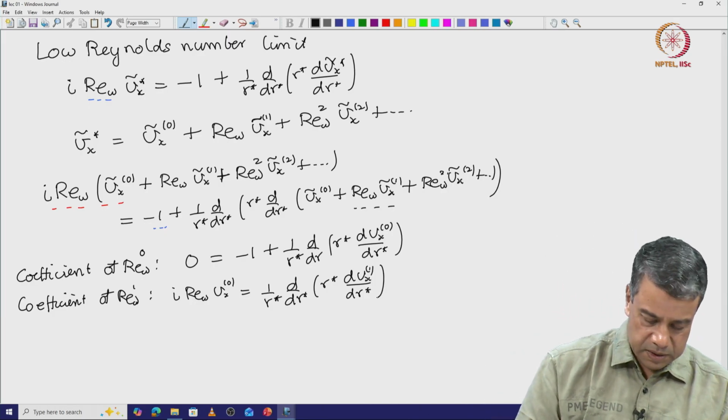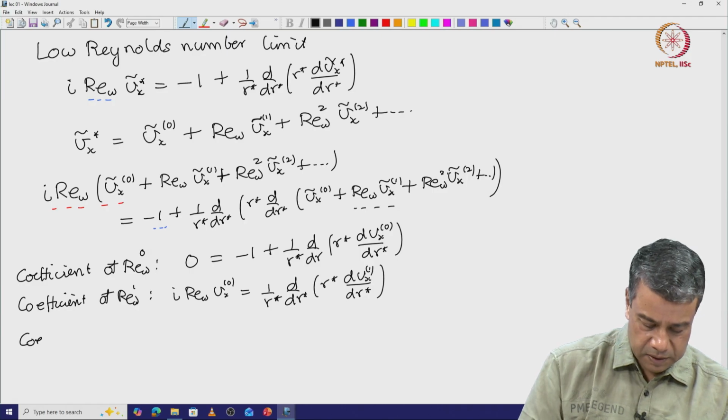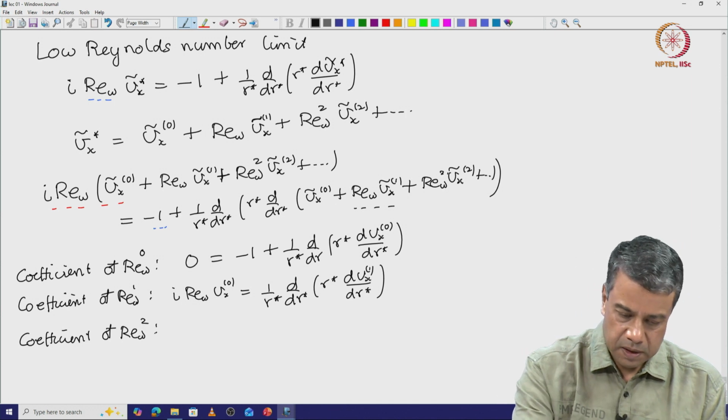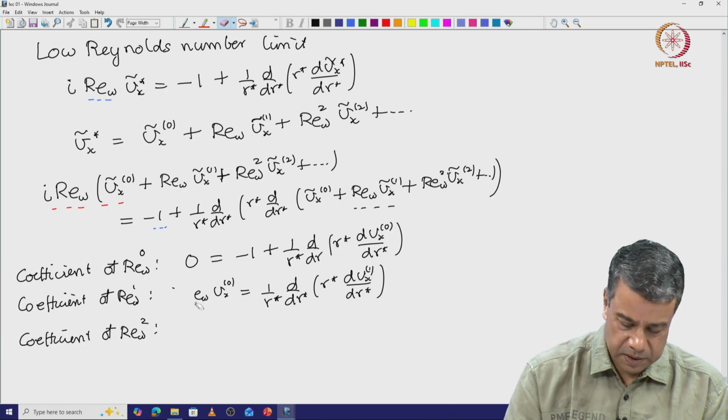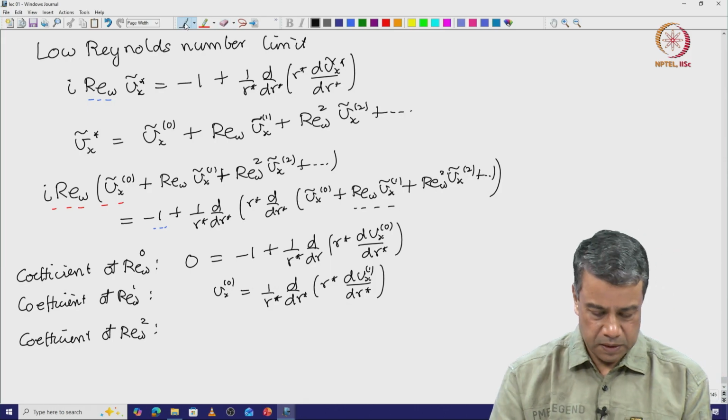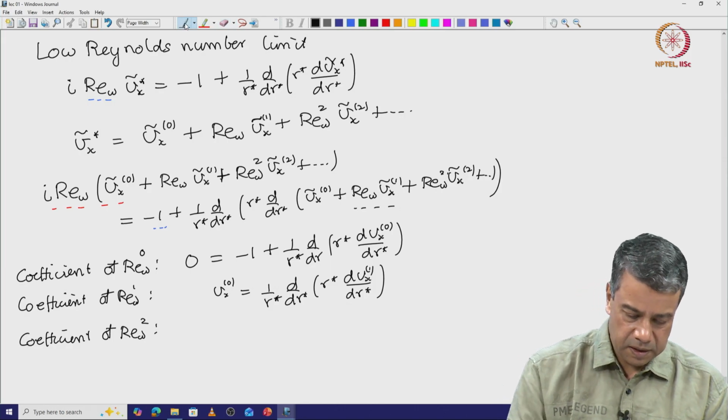Similarly, you will have the coefficient of Re omega square. I am sorry, I should not have Re omega here because it is already a coefficient of Re omega. On the left side, for Re omega square, the coefficient is Vx1.